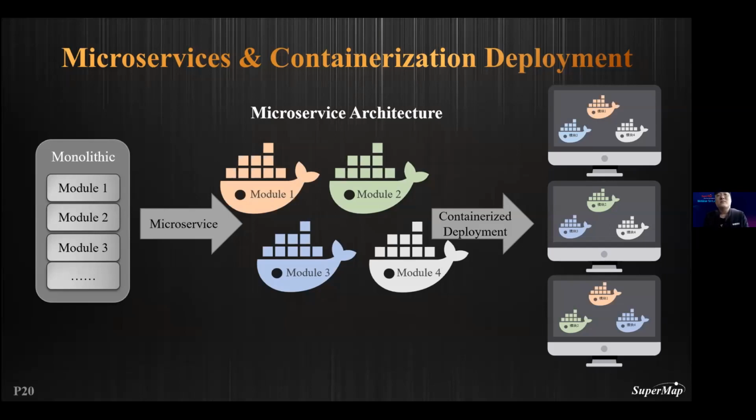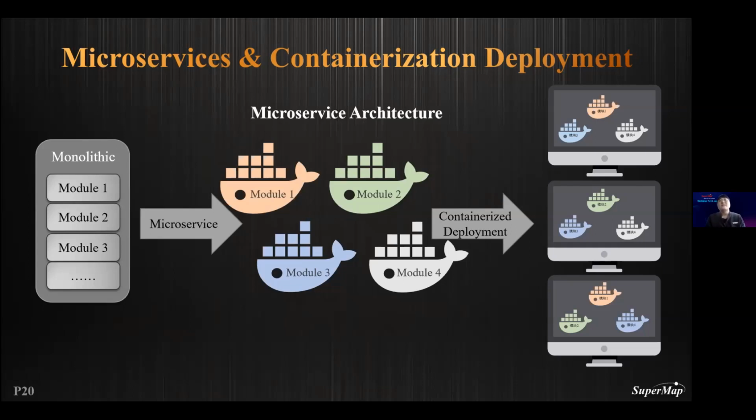So the cloud native GIS can solve this problem perfectly, which is based on the microservice and containerization deployment. We can split the whole server into multiple independent services, and every service has its own container. Then we can combine the different containers into different machines.